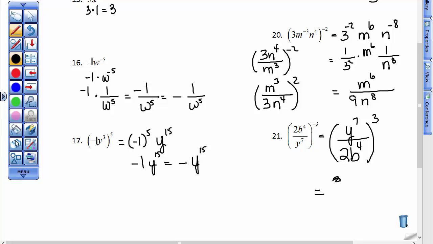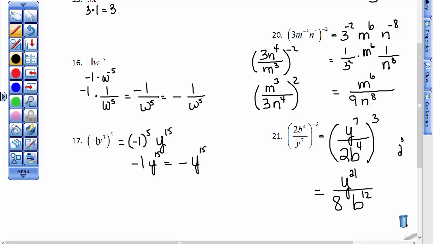So I have y to the 21st power, and then 2 to the 3rd power. I'm going to write that off here. 2 to the 3rd power means 2 times 2 times 2. That's 8. And b to the 4th raised to the 3rd is b to the 12th power.